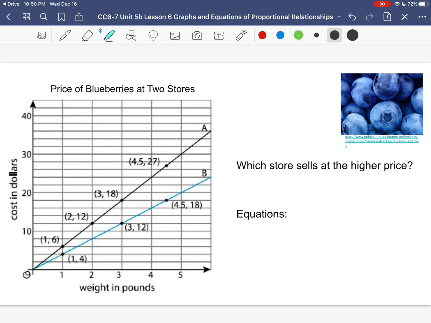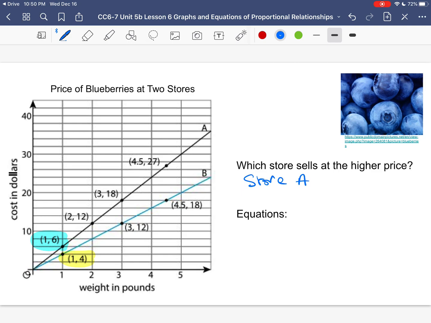In store A, the cost per pound is $6 per pound. And in store B, the cost per pound is $4 per pound. So at store A, the price is higher. So store A.